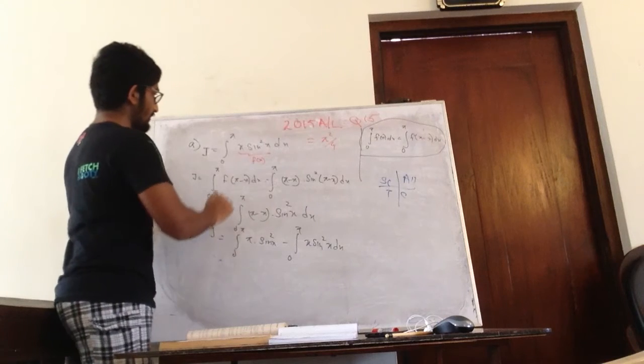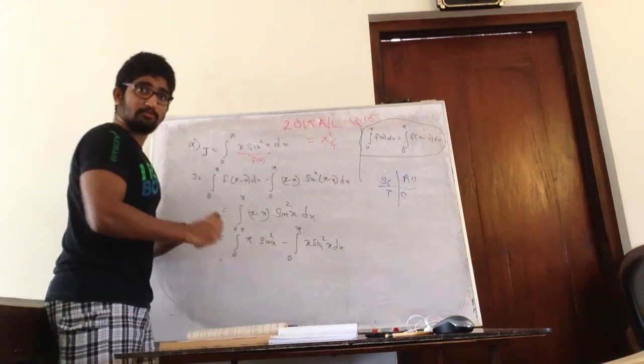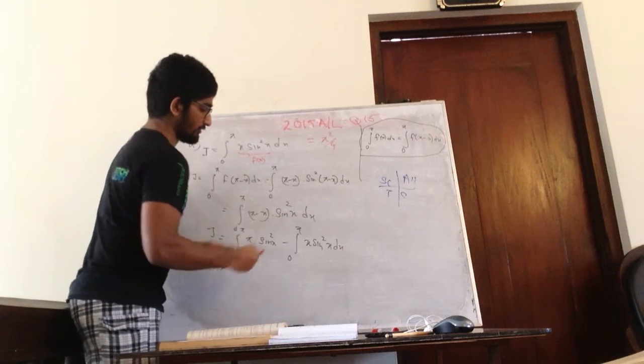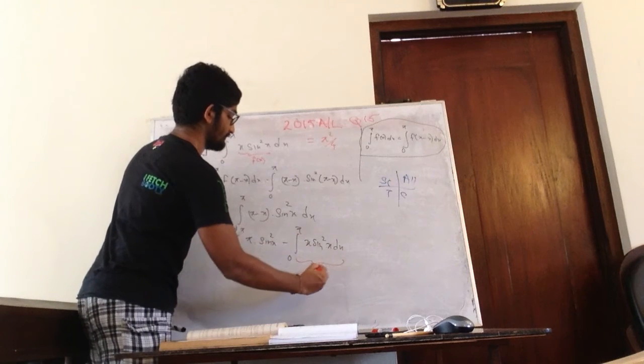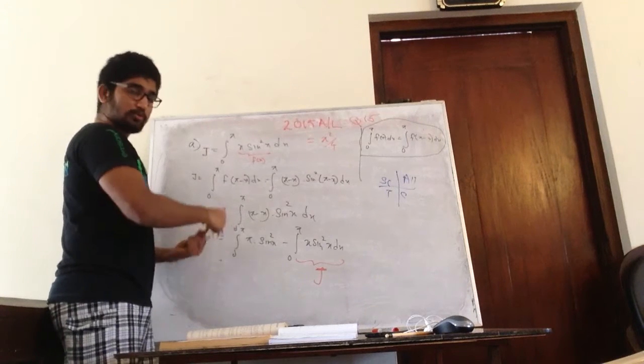This is J. Now what is this? This is basically J, no? This is also J. So I will get 2J here.